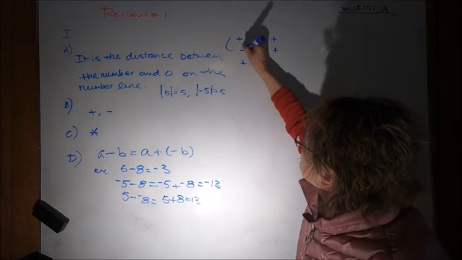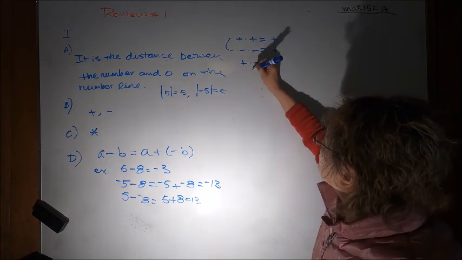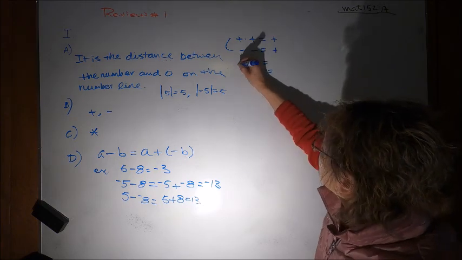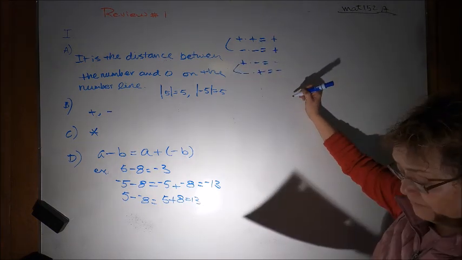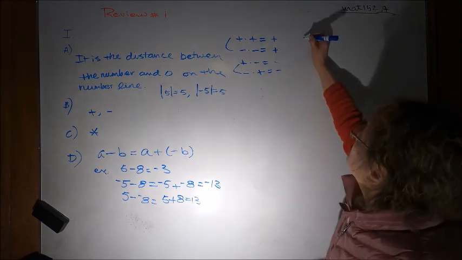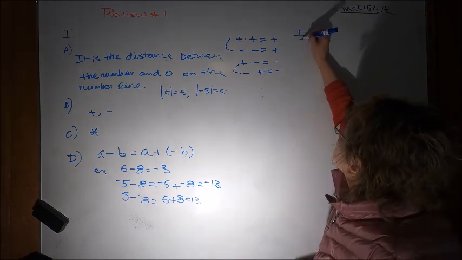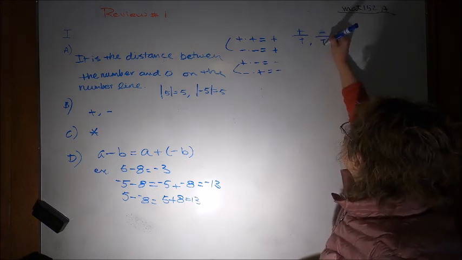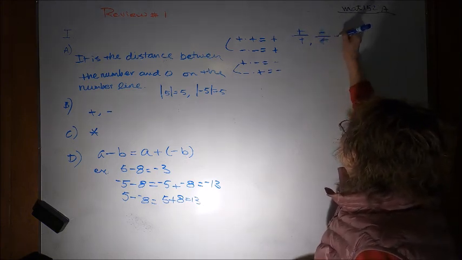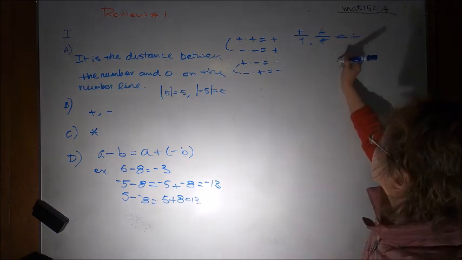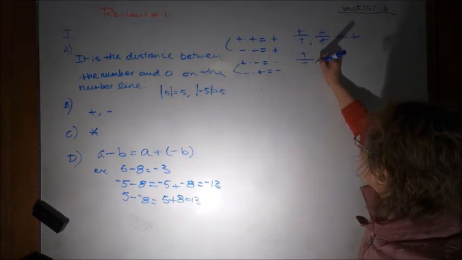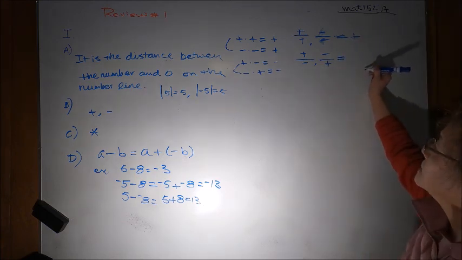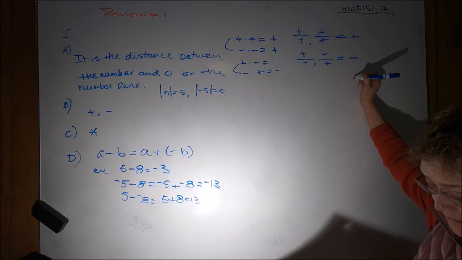If different signs multiply together, you should get a negative value. Same thing for your division. Positive divided by positive, negative divided by negative, that should be positive. If different signs are dividing, that would be negative.